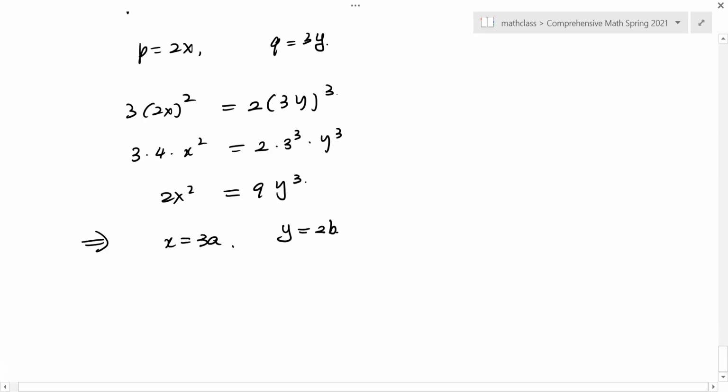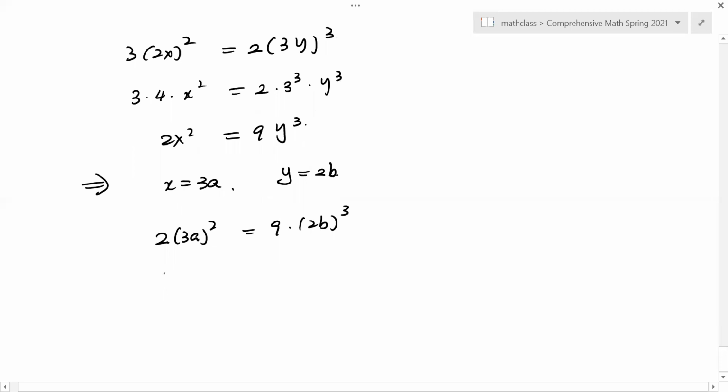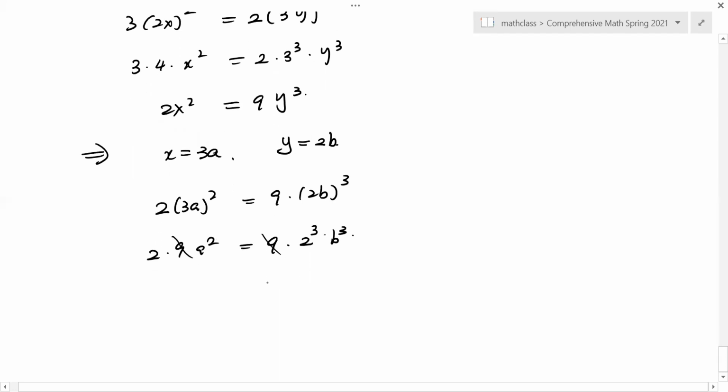And then you put them in again. So you get 2 times (3a) squared and 9 times (2b) cubed. Let's simplify. So I get 18a squared equals 72b cubed. Okay, now 9 cancels out. a squared equals 2 squared b cubed.